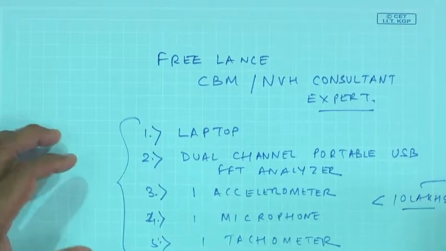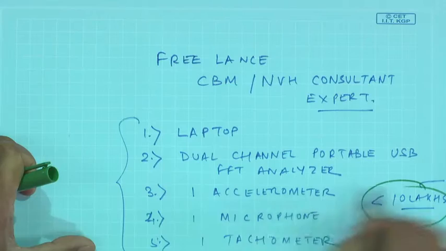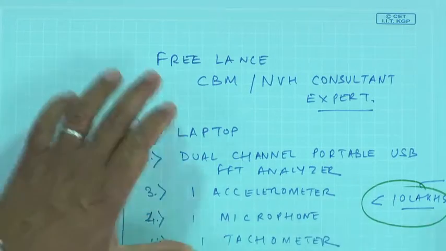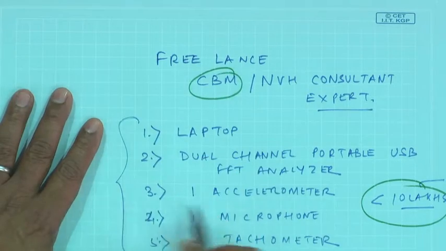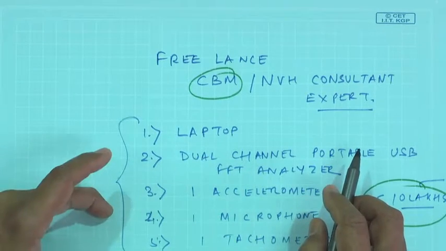Many of my colleagues who are watching this from the universities, students, researchers, who want to go into this field, this is from my experience. Within 10 lakhs of rupees, you can invest in this, and whatever you have learned from me, you can become an independent engineer doing CBM, doing balancing, doing fault identification.